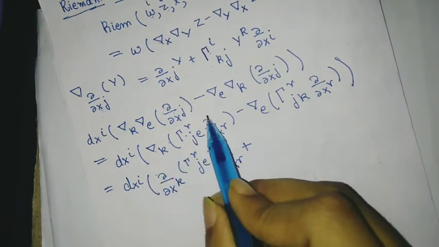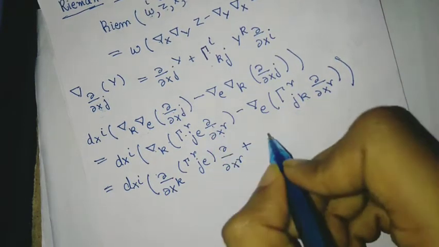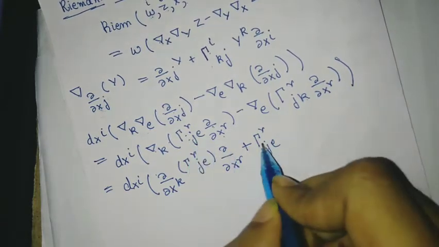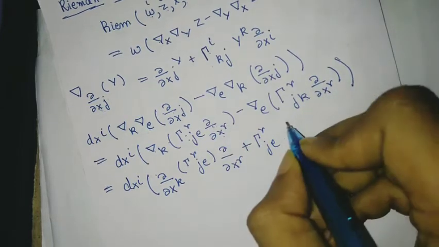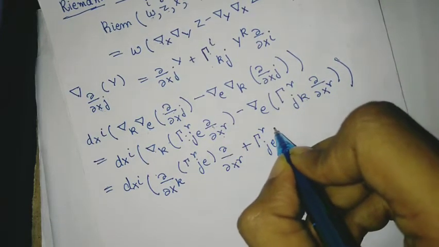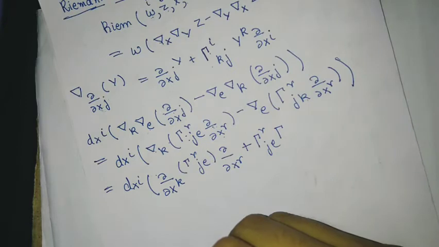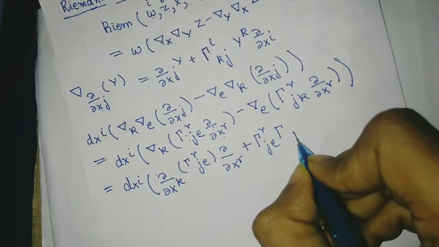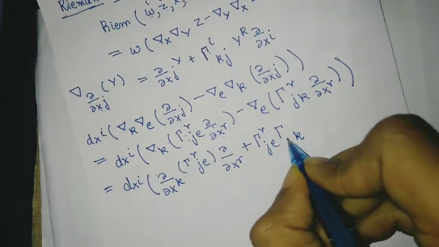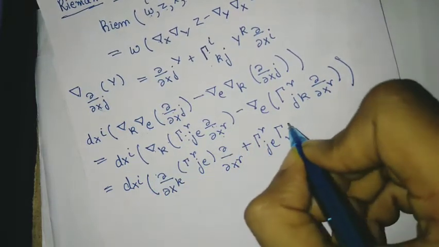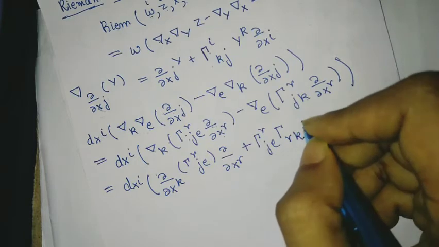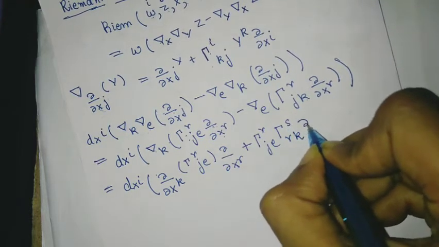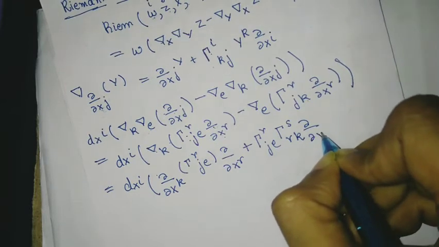And when this acts on this second one, let me just write the first one down. This I wrote like this. This acts on this, so it will again give a Christoffel symbol. So when this acts on this, I will get a k, I will get an r, and again I will get a k, I will get an r, and suppose I rename the variable as s.